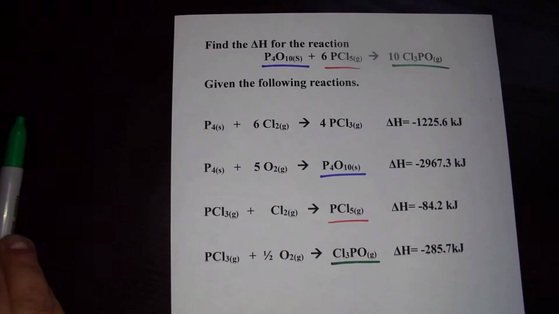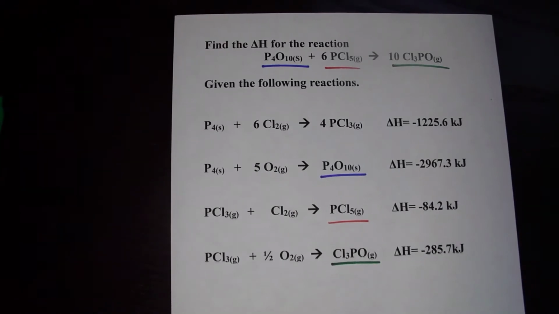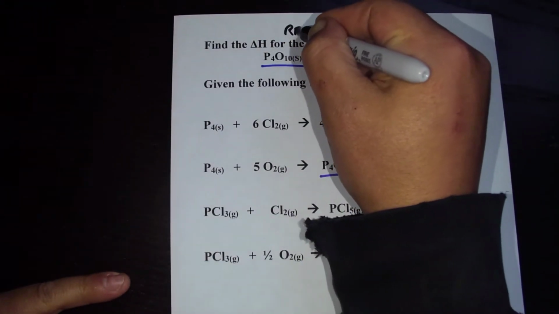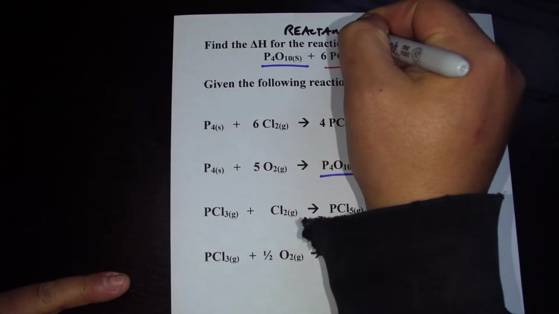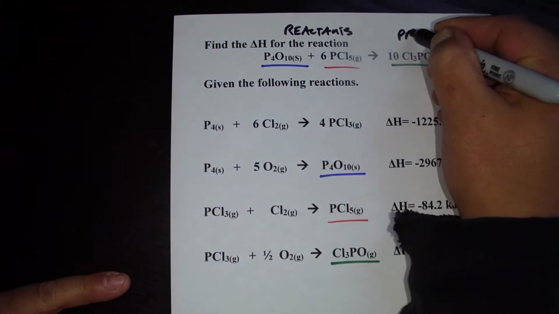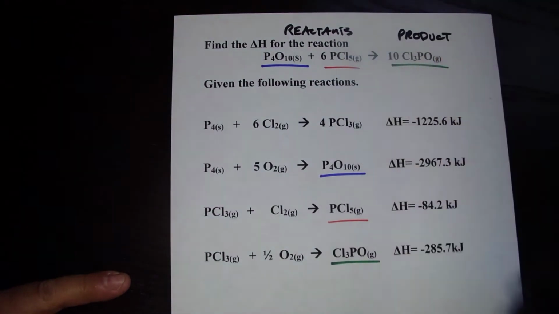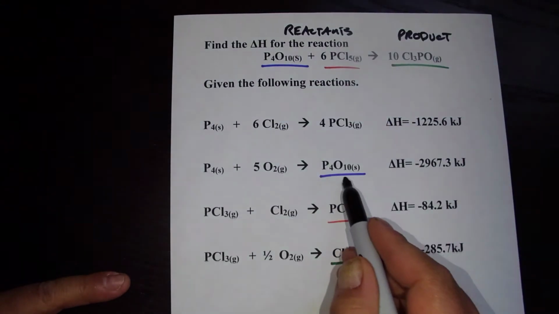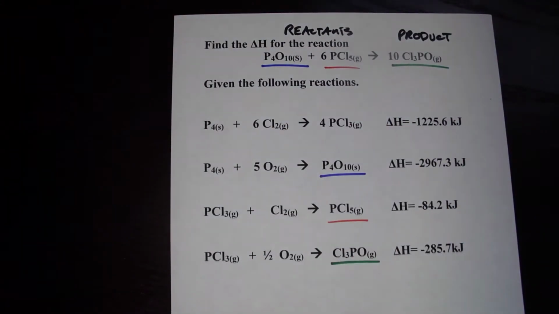Now, one thing you should notice is that for the blue and for the red, they're on the reactant side of the equation. Over here, let me use a different color for just writing normal, here's our reactants, and then over here we have our product. So here we have it on the reactant side, but over here we have it on the product. One thing we're going to have to do initially is reverse that one.